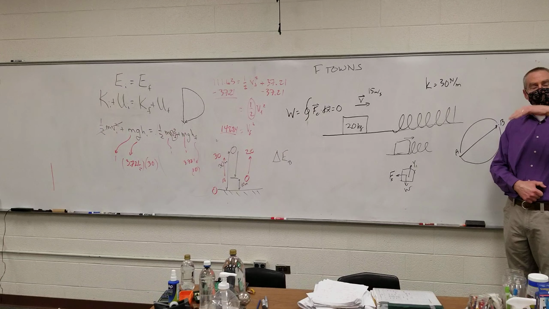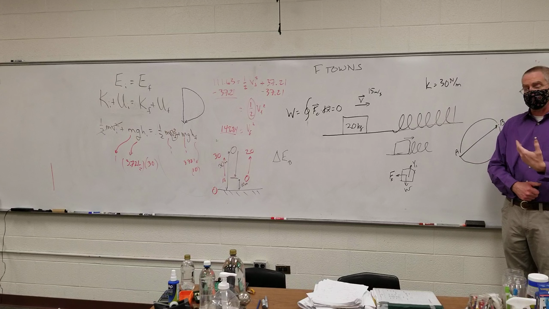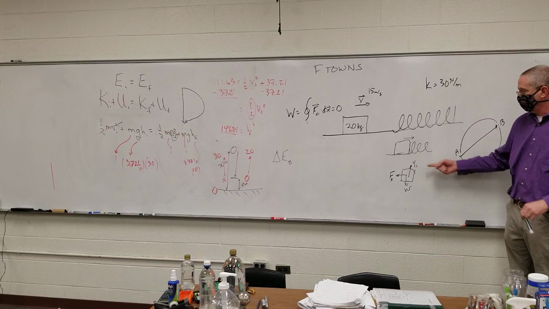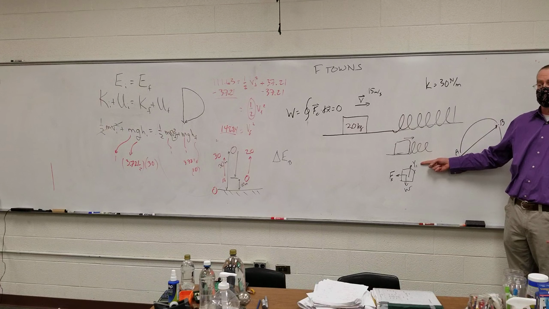If you watch the ski slope problem, that normal force there was also non-conservative, but it didn't do any work. In order for there to be a change in energy, work has to be done, and forces perpendicular to the movement do not do work. So this box is moving back and forth like this. The normal force from the ground is pointing up. It's not doing any work because it's perpendicular.